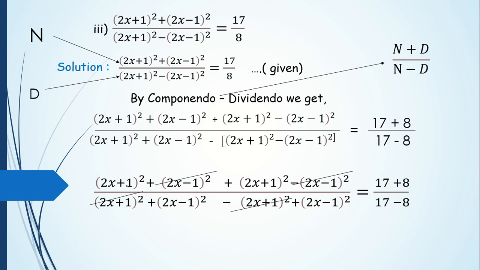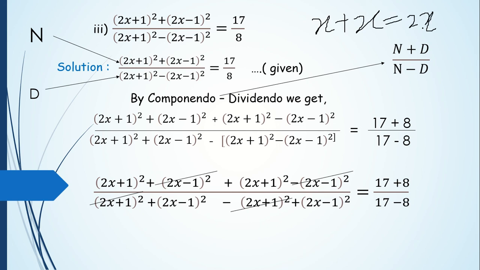So now in the numerator what I have, 2x plus 1 the whole bracket square plus 2x plus 1 the whole bracket square. So that will become 2 times. See here, x plus x is 2x, right?